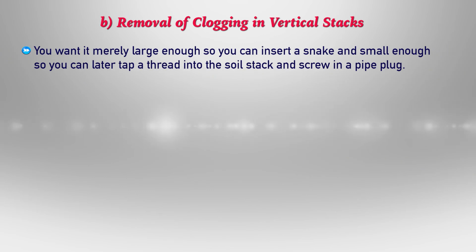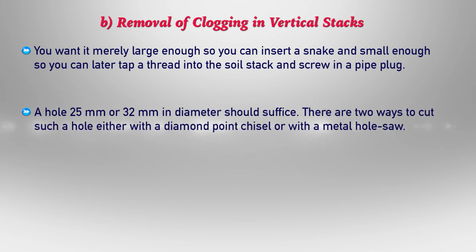You want the hole merely large enough so you can insert a snake and small enough so you can later tap a thread into the soil stack and screw in a pipe plug. A hole 25 mm or 32 mm in diameter will be sufficient.